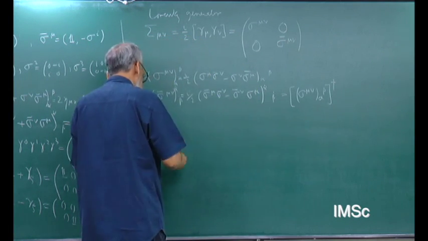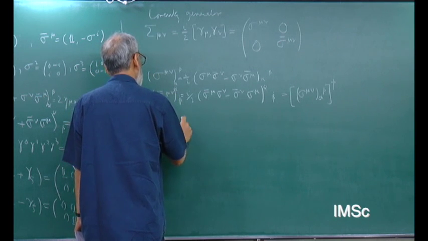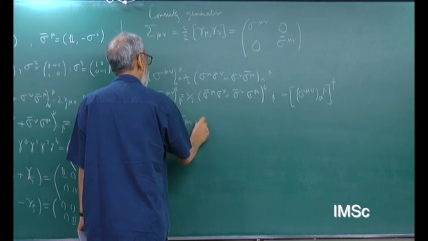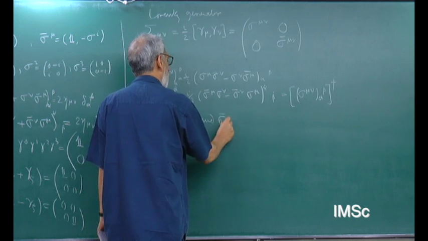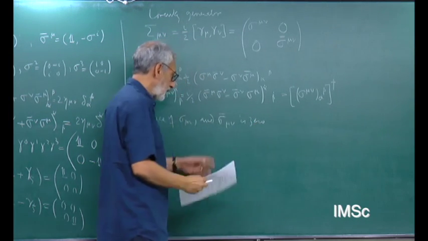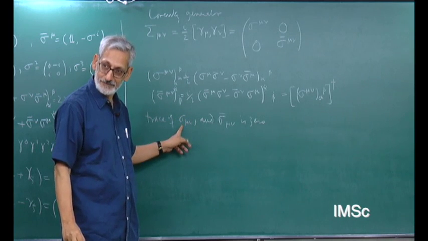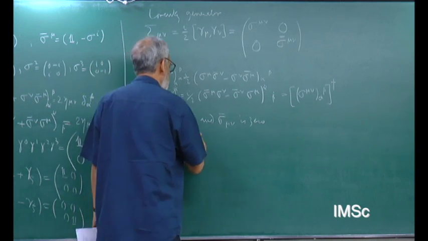This has many properties, but one nice property is that the trace of sigma mu nu and sigma bar mu nu is 0. Trace is the matrix trace, not in mu nu. What does it mean?